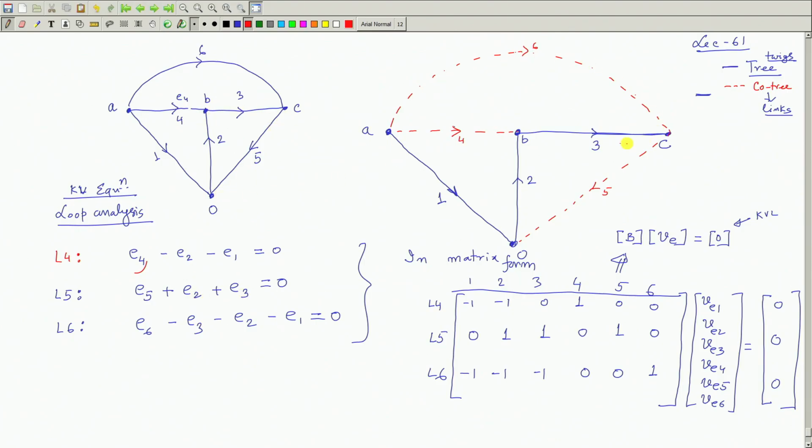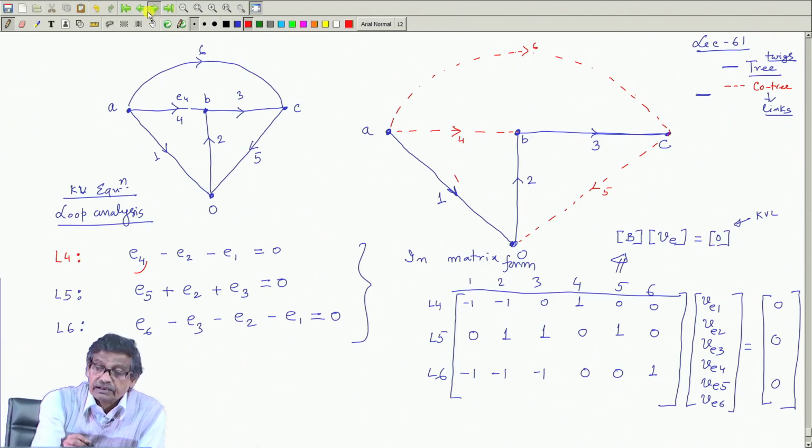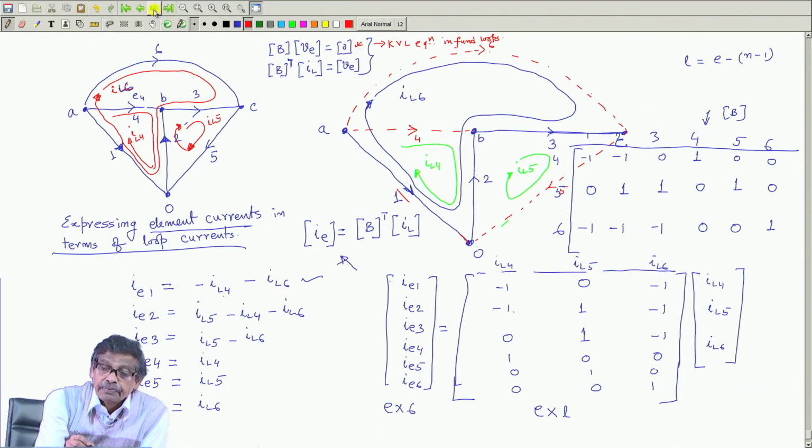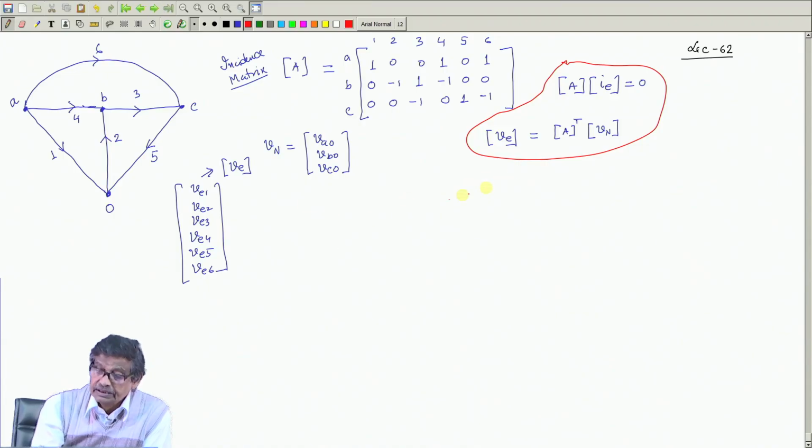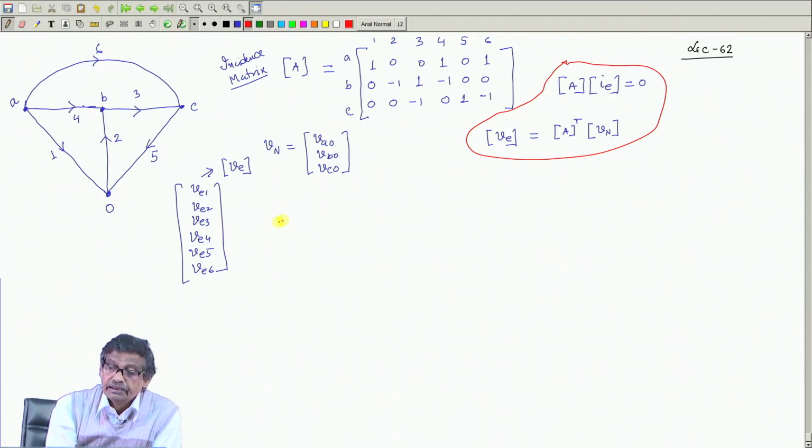Like that, the third one is E6 minus E3 minus E2 minus E1. So this matrix equation was B into V equal to 0. The equation involving this incidence matrix is over.